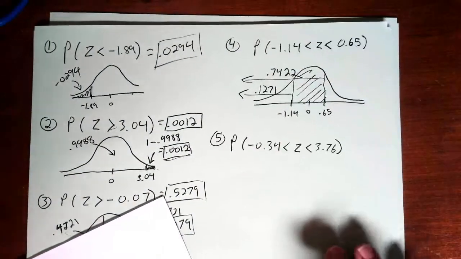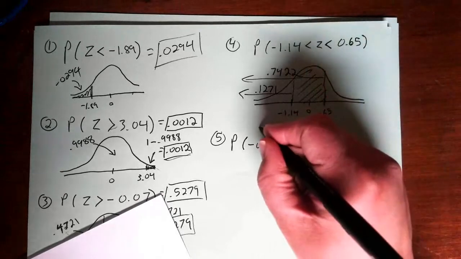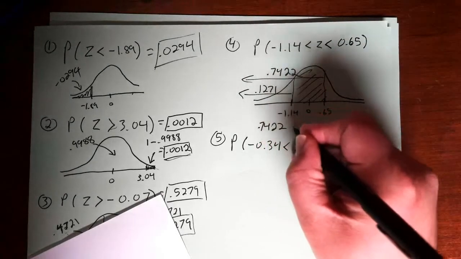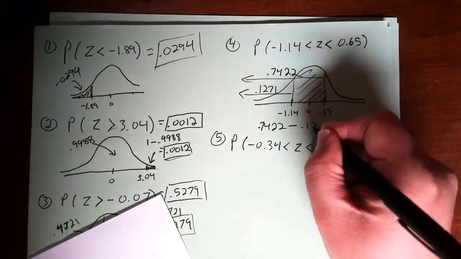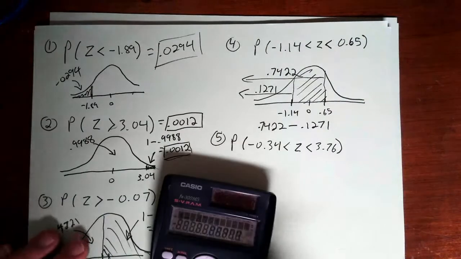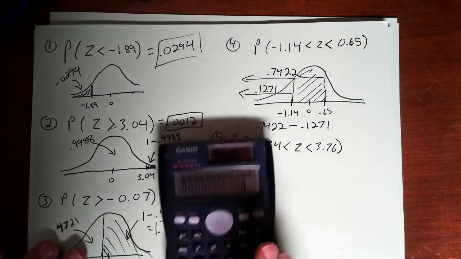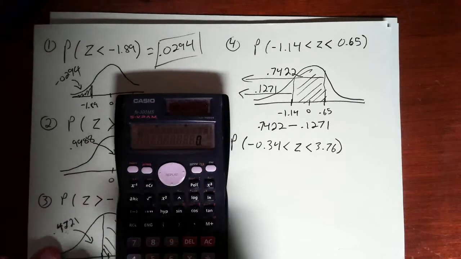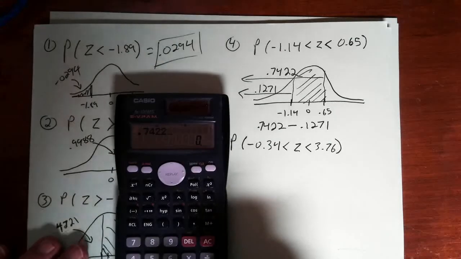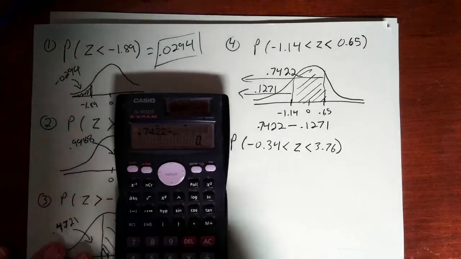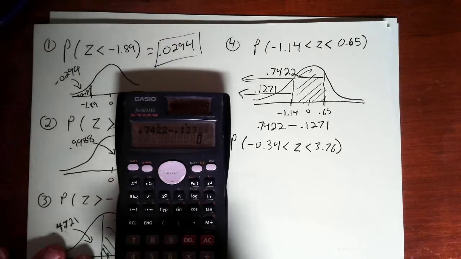Like that. And so now to get the area between, I take the 0.7422 and subtract the 0.1271. So 0.7422 minus 0.1271.